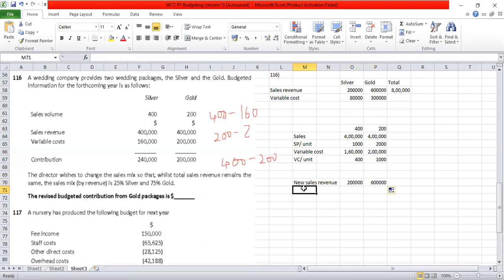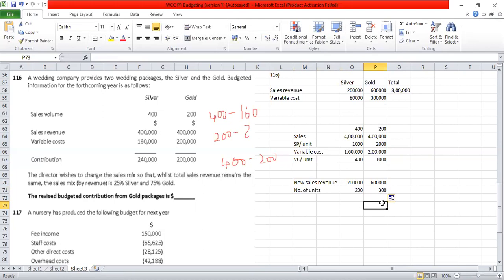So how many units did they sell? That's the concept. The number of units which they sold are, the selling price per unit, we already got it as 1,000. So 200 and 300. So is that 25% and 200 and 300. The variable cost per unit is also given per unit 400, 1,000.